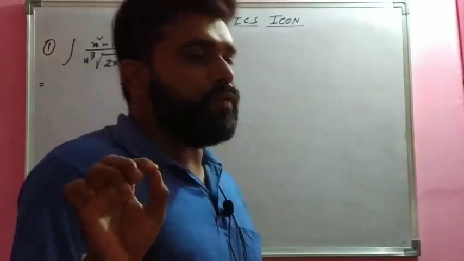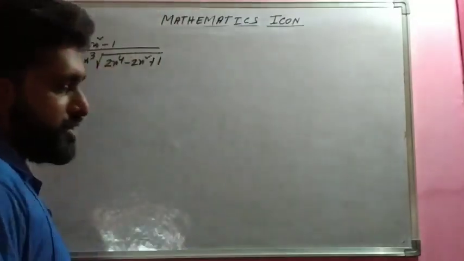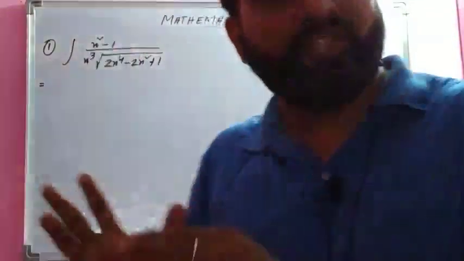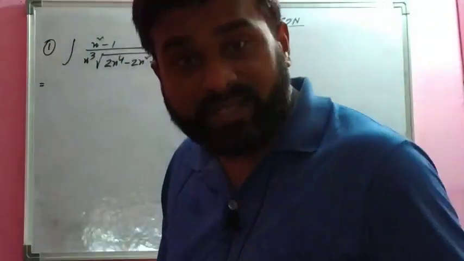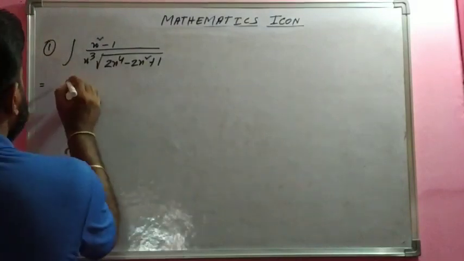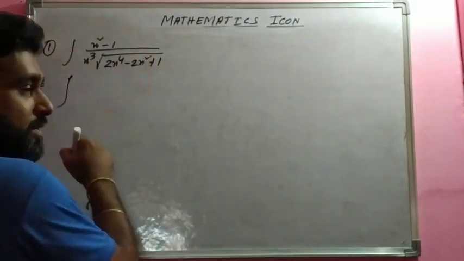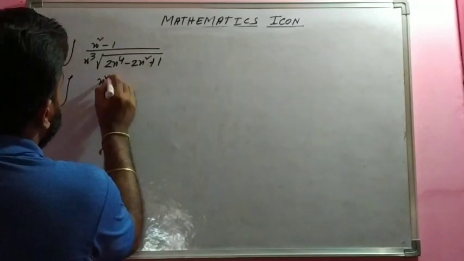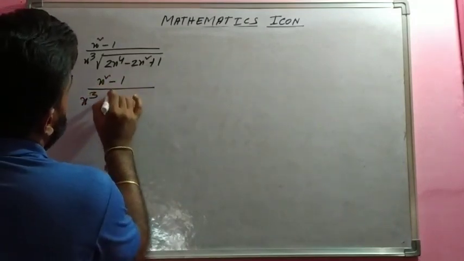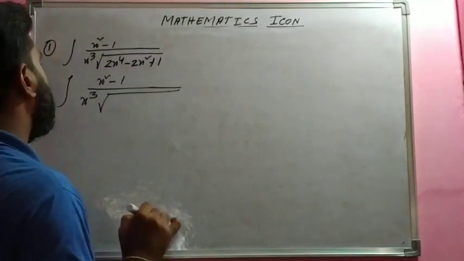If you want to arrange the given question in the simplest form, which will be very useful for solving and getting the answer, you can see this is an advanced level question. So (x square minus 1) by x cube, root over.